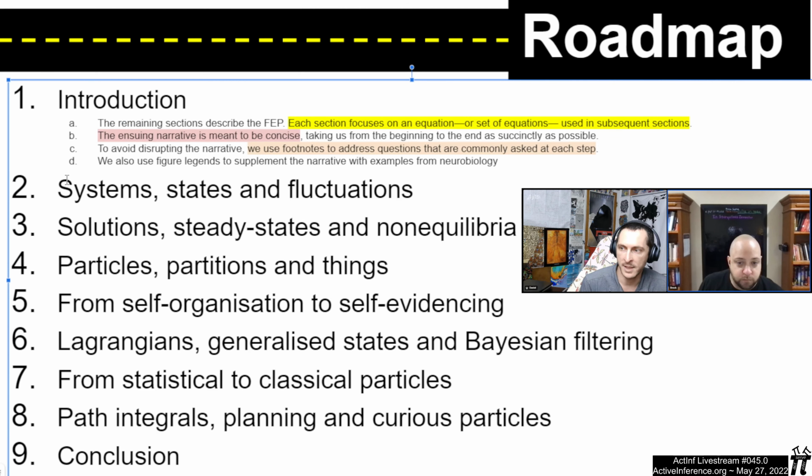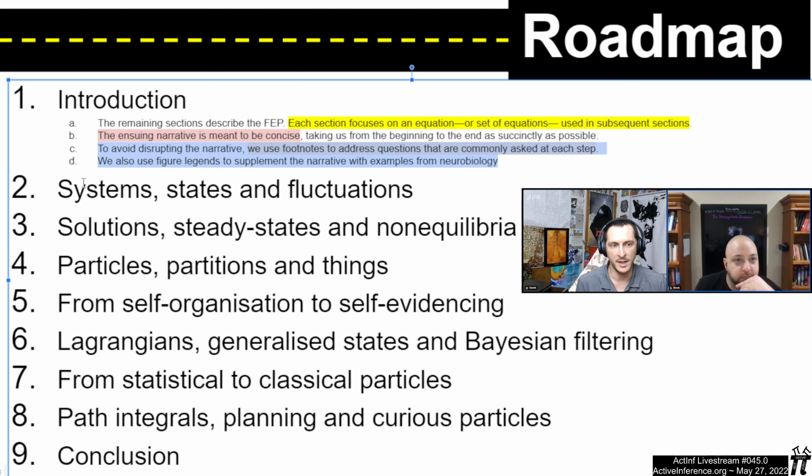Each section, 2 through 8, focuses on an equation or set of equations. The ensuing narrative is meant to be concise, taking us from the beginning to the end as succinctly as possible. To avoid disrupting the narrative, we use footnotes to address questions that are commonly asked at each step. We also use figure legends, captions, to supplement the narrative with examples from neurobiology.